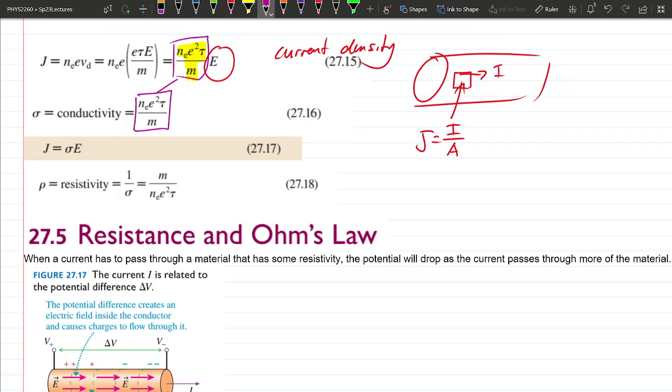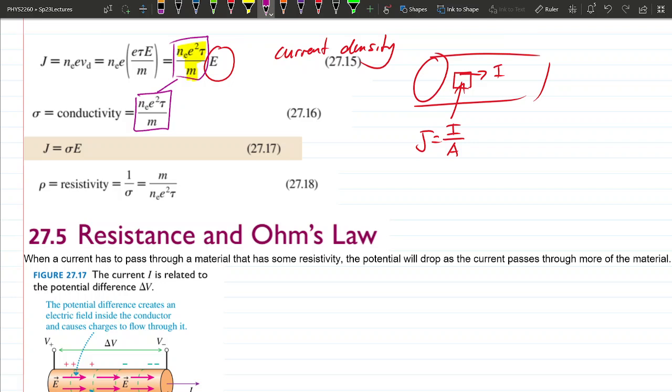This is all properties of a particular material. So if you have a piece of, what is this made of anyway? It's probably some sort of tin wire. It's probably iron. If you have a particular material, it will have a certain electron number density in it. And the electron charge is not going to change from conductor to conductor. The mass is not going to change.